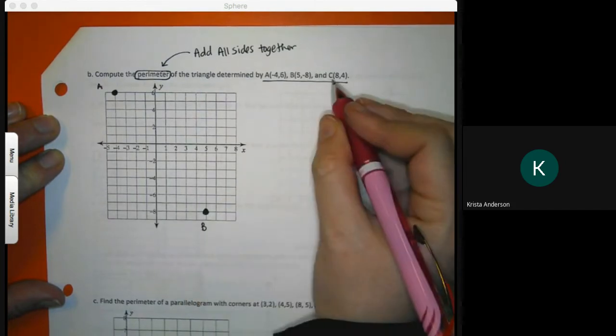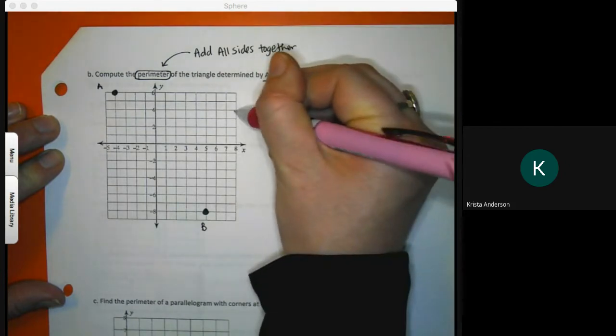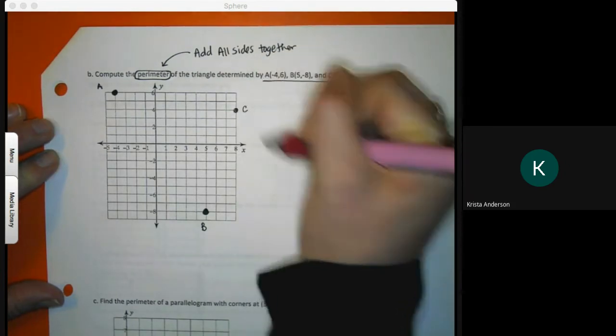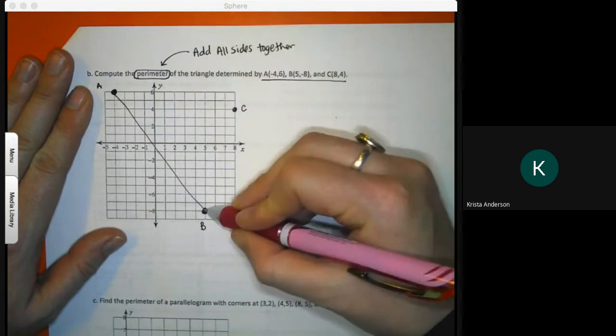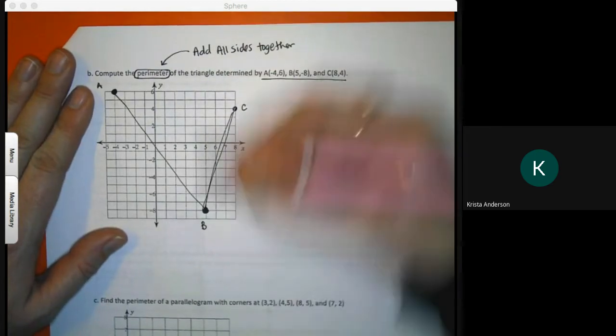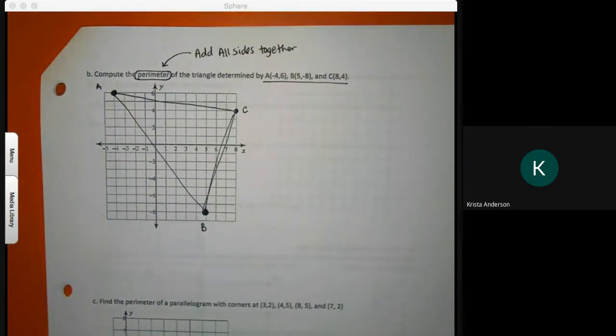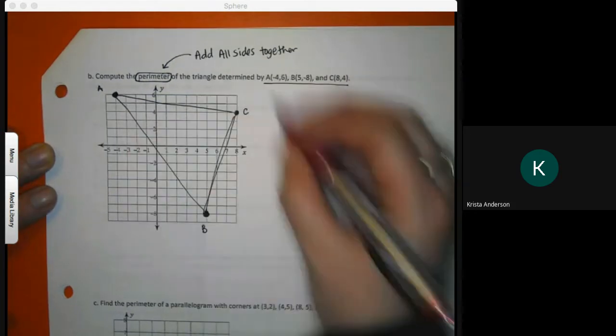And C is at 8 up 4. That is my triangle. If you are someone that is a visual, you will probably want to graph.